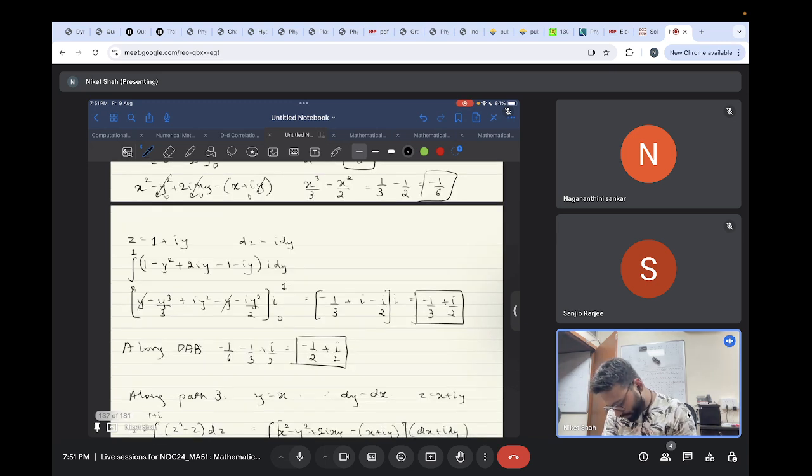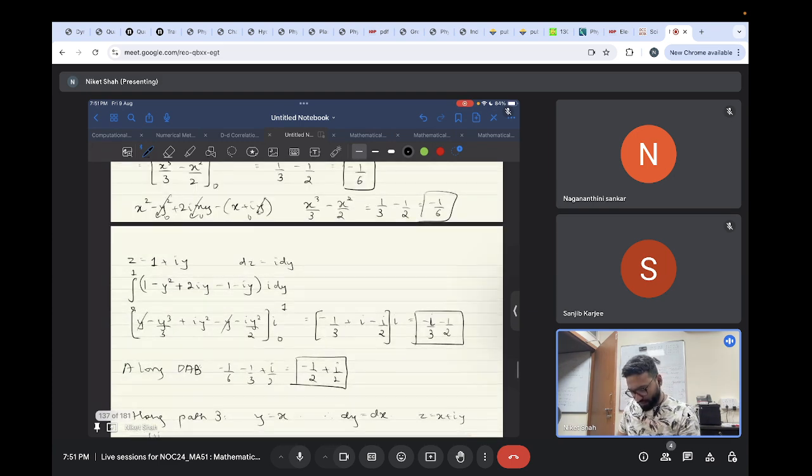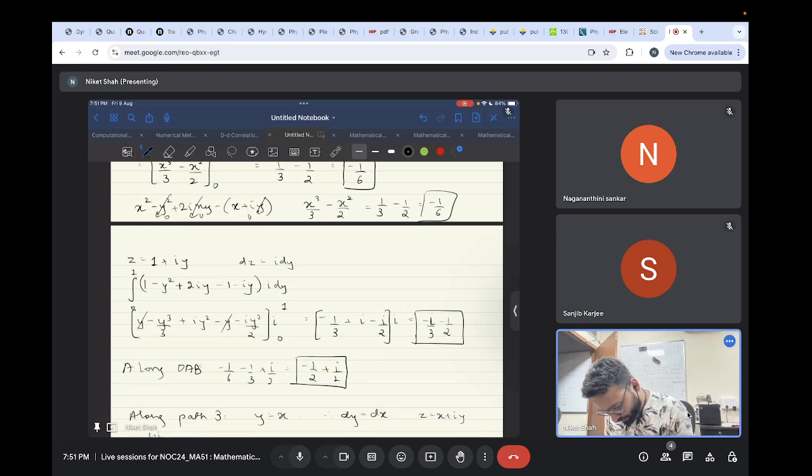Okay, so minus y cube by 3, i y square minus i. Okay, so i outside. So this is minus i by 3 and minus 1 by 2. Minus 1 by 2. So here my answer is minus 2 by 3. Let's see if that's what happens here. 1 by 2 plus 1 by 6.